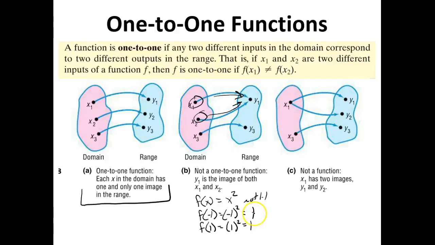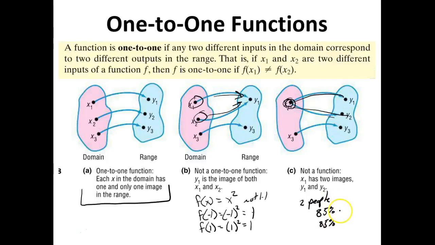Two different numbers going to the same place, not one-to-one. This last example is not even a function because we have one number that's getting split and going to two different places. This would be like if two different people in the class both got, let's say, an 85% as a final grade.